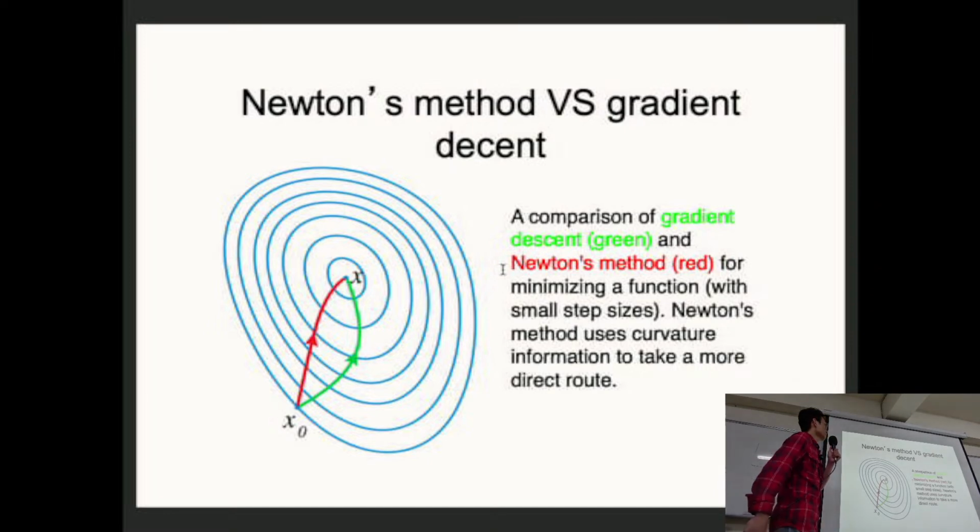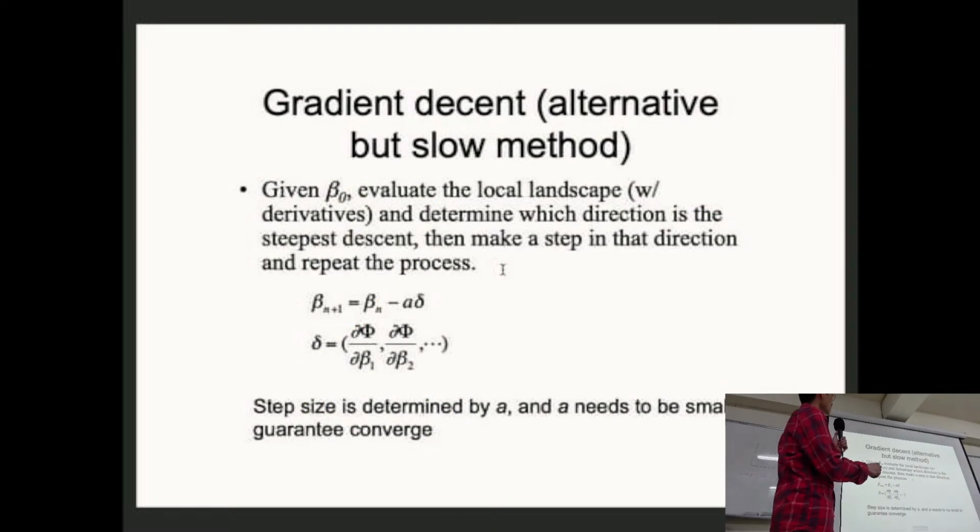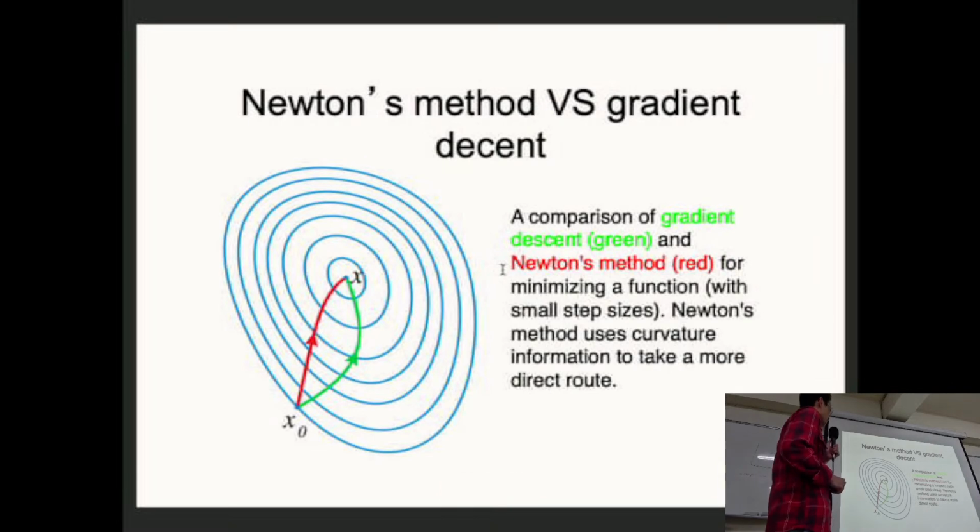So with the gradient descent approach, ideally we calculate the derivative, the tangent of this landscape. Because this is a minimization question, this is a low value and outside are large numbers.